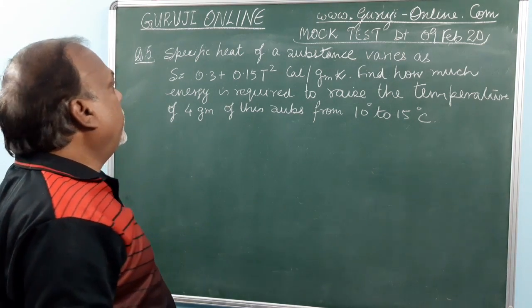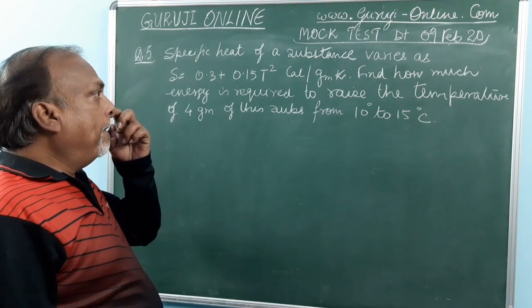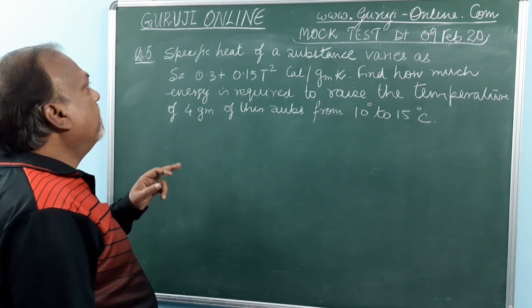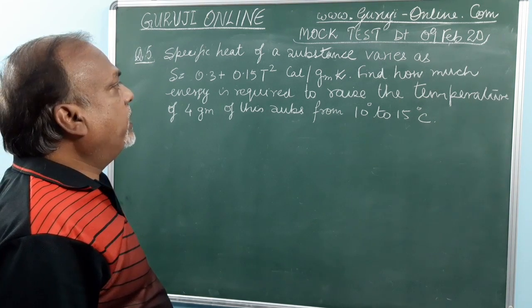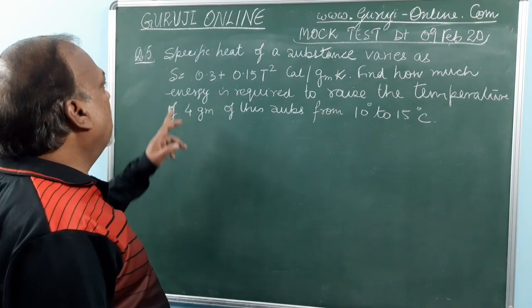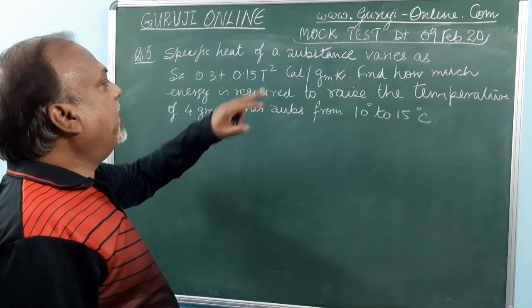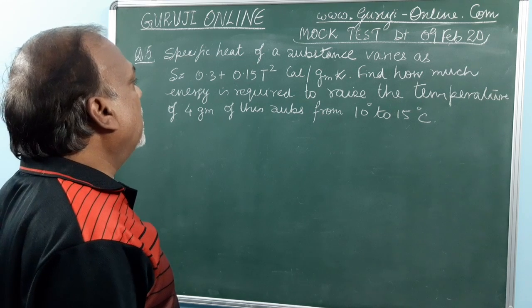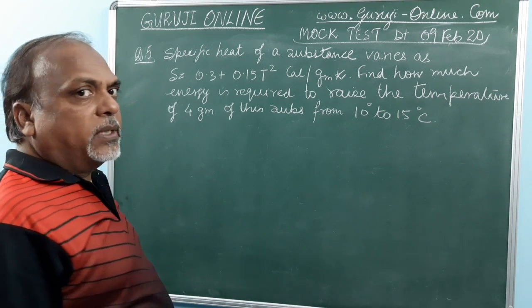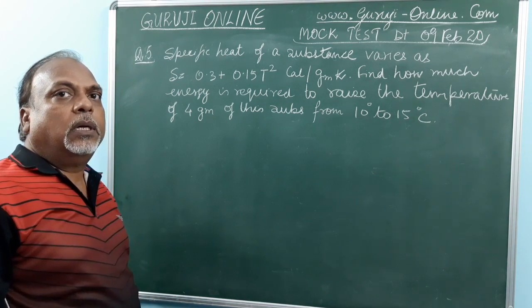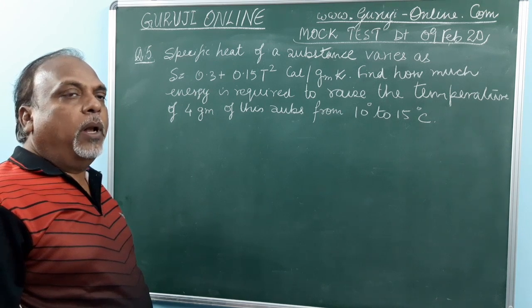So this is the fifth problem. It is saying specific heat of a substance varies as 0.3 plus 0.15 T square. That means, in this case, specific heat is not constant, it is a variable.